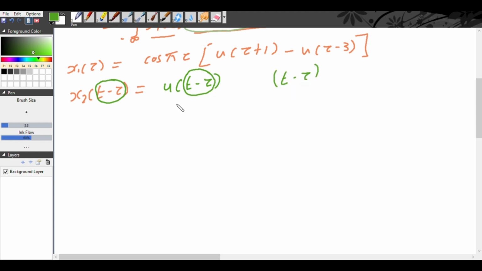I hope you understand this one. Very simple. Okay, in x1 instead of t I am replacing it with tau. Here instead of t I am replacing it with t minus tau, right? So how to write this? As you know, what are the limits for this signal? What are the limits?